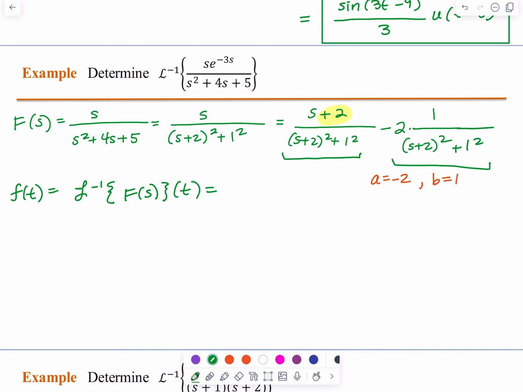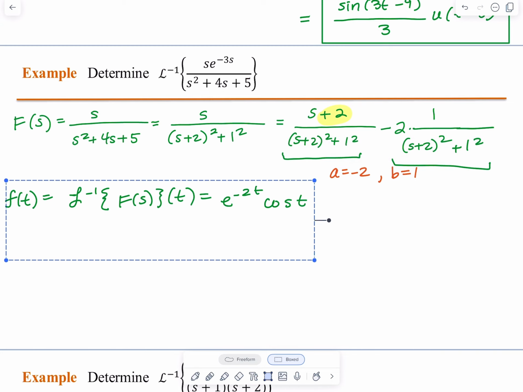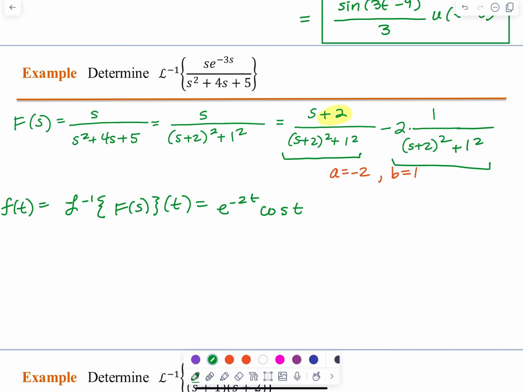So we have that this is equal to e to the negative 2t multiplied by the cosine of t, minus e to the negative 2t multiplied by 2 times the sine of t.